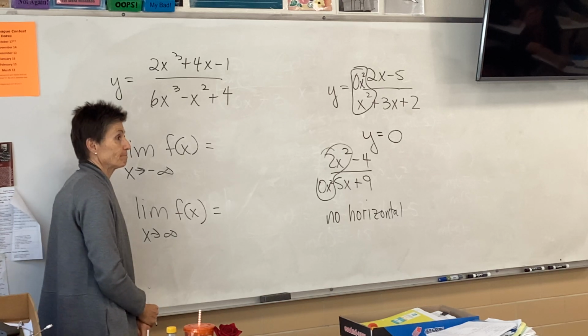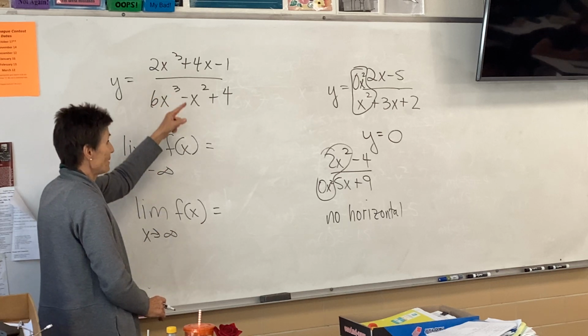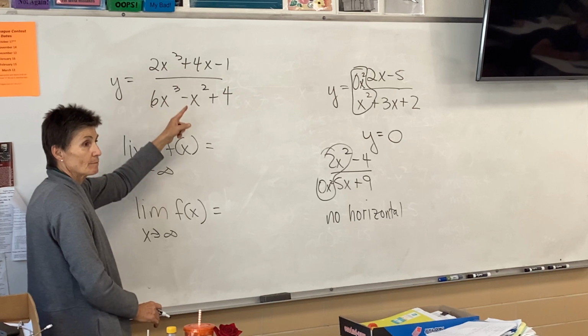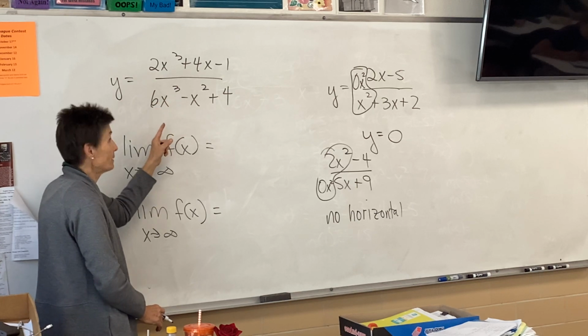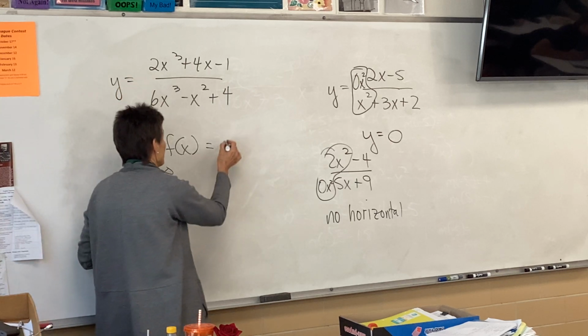Okay? Tell me what you think. Think about what's happening. Does this thing have a horizontal asymptote? Yeah. If it has a horizontal asymptote, that will be the limit. So what is its horizontal asymptote? 1/3.